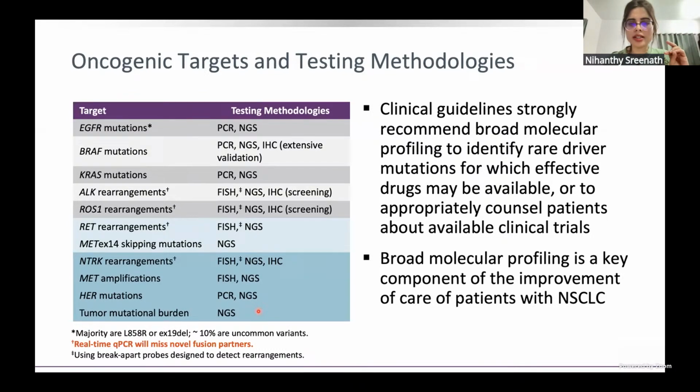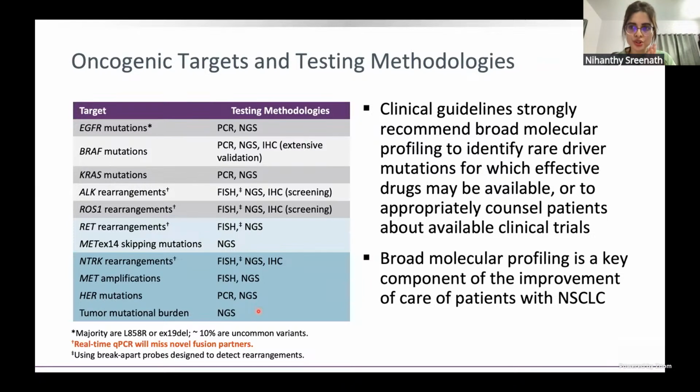Another one, NTRK rearrangements; rearrangements are well detected by FISH. Amplification, again by FISH. HER2 mutations by PCR or NGS. TMB definitely by the NGS platform. So this gives an overview that when a patient comes to us, we have two scenarios: the patient who is economically affordable and the one who is not. For a patient who is economically affordable, you get a basic NGS testing of the entire genomic panel.